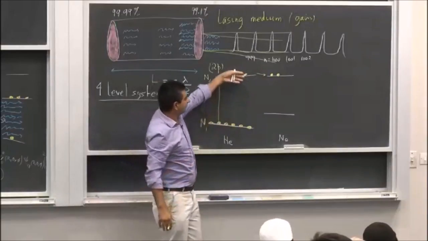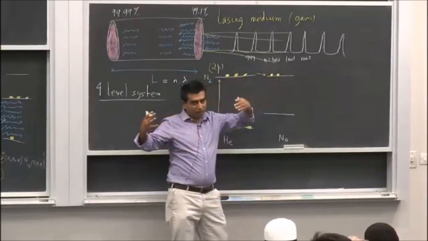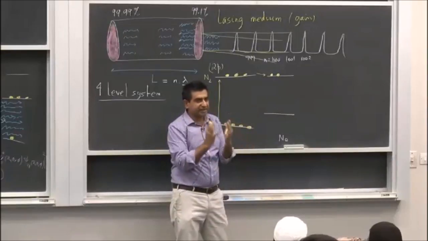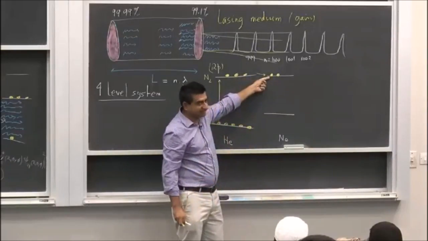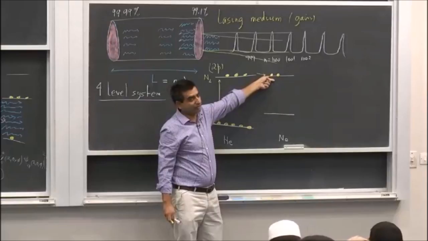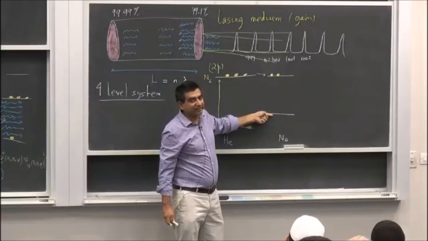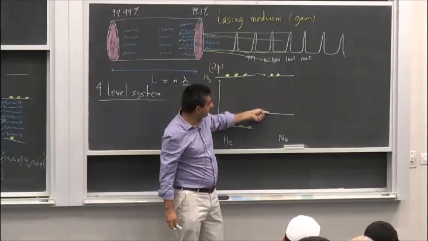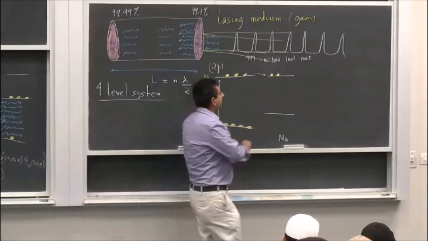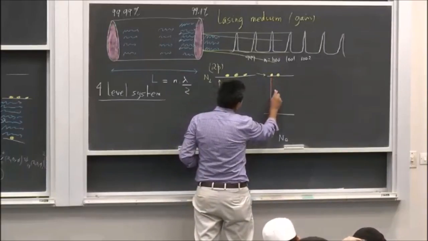This is not an emission of a photon; this is an emission of, say, a phonon, or some heat. Some collision is taking place, and this level is then populated. Now this happens to be a metastable state in neon, and this state is actually another state inside the atom, which happens to be empty. A transition can then take place between this level, and this is the lasing transition.